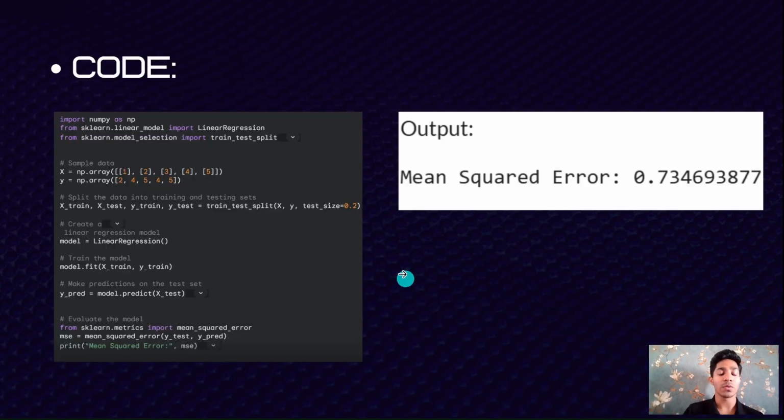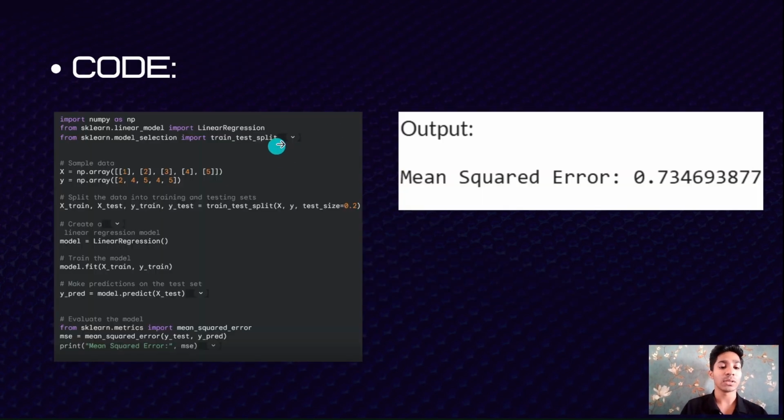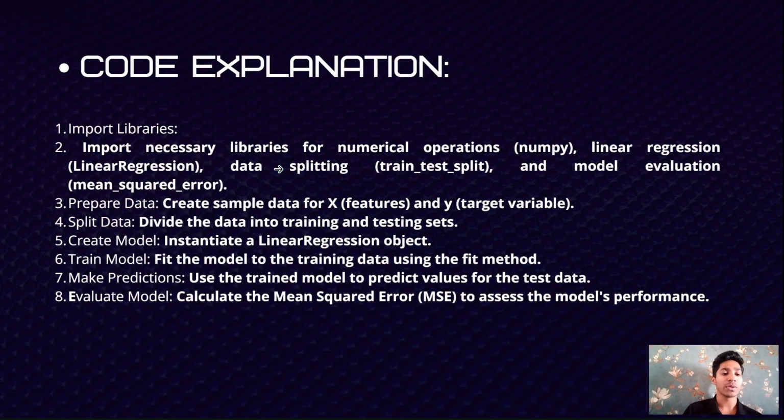Here is the code for model evaluation and the output that is generated by this code. Next, we have the code explanation for the previous code. This is the code. First, we import libraries. The libraries included are NumPy, linear regression, data splitting, and model evaluation metrics. Then the next step is prepare data.